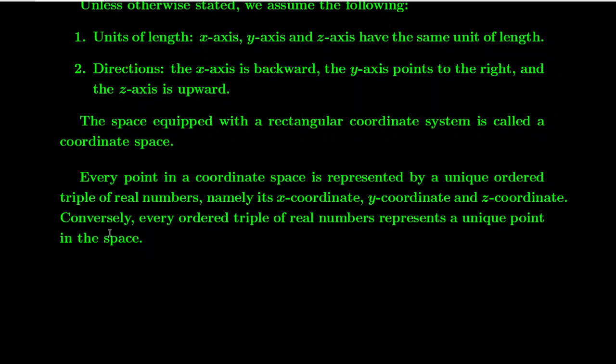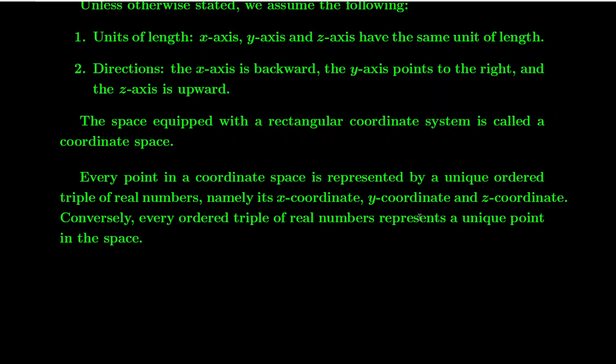So likewise, the other way around, every triple of real numbers, if I give you the x coordinate, y coordinate, and z coordinate, then... I'm reading Tyler's question. So to find the point of coordinate, I'm not sure if I fully get your question, but I think it's true.